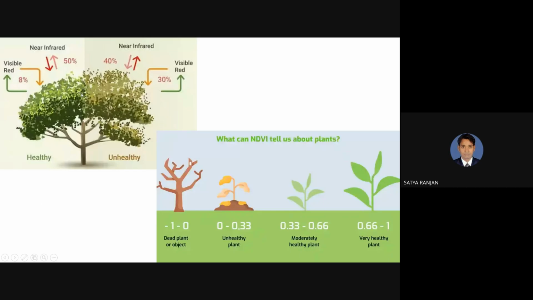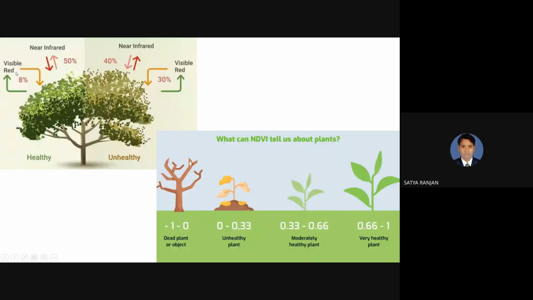So this is one example of NDVI. Most of the time, when there is a healthy tree and an unhealthy tree, we compare how the different bands react to them.